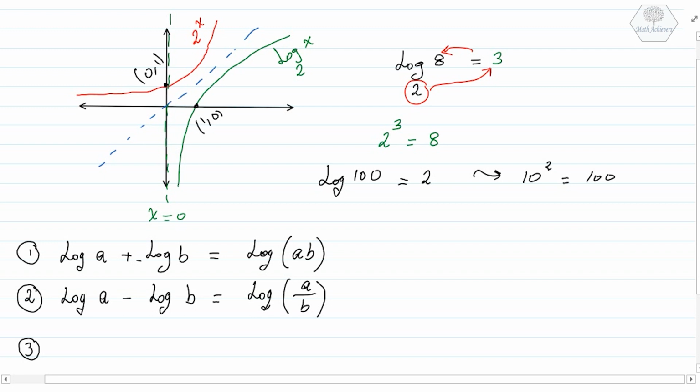If I have log A to the power of B, this is equal to B log A.